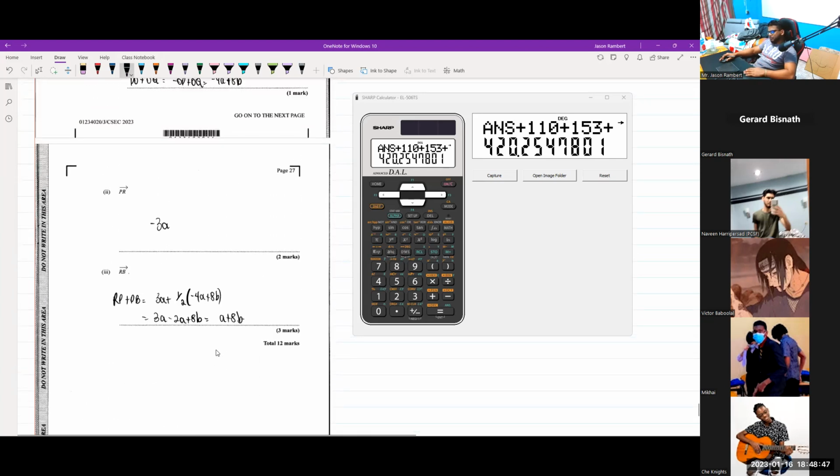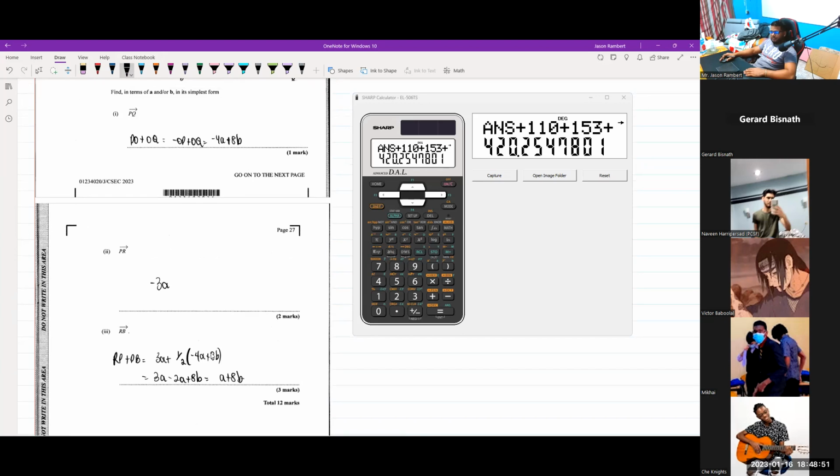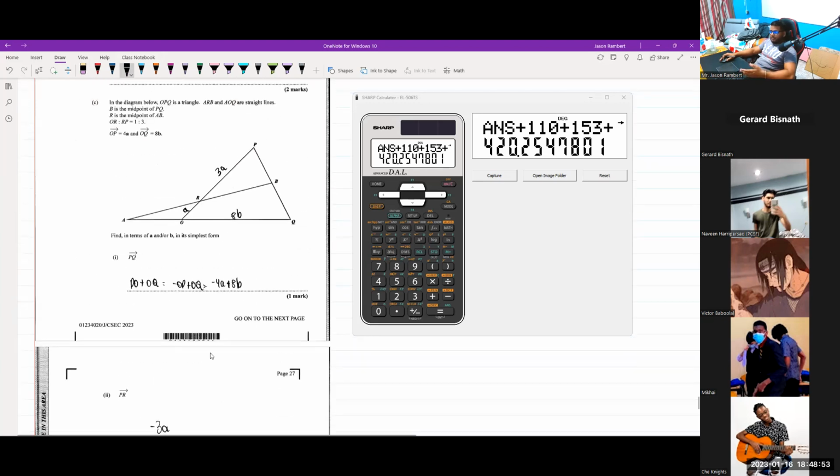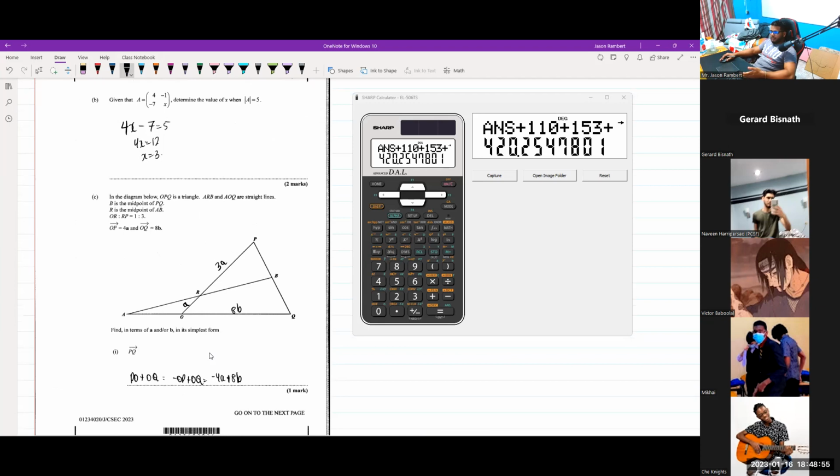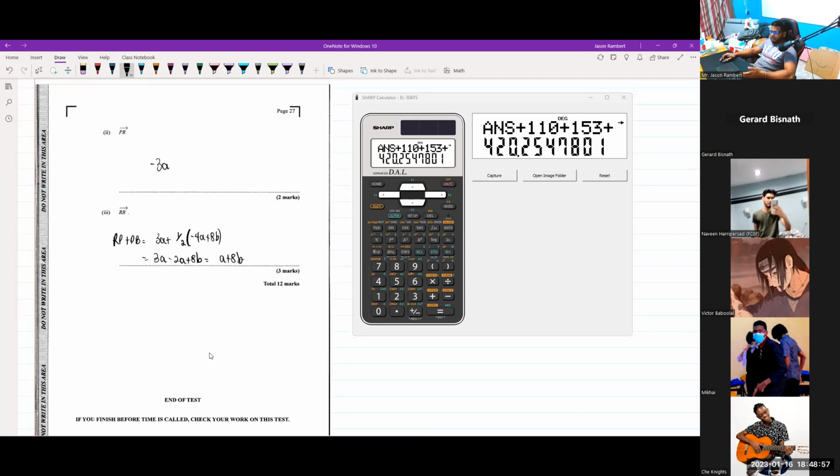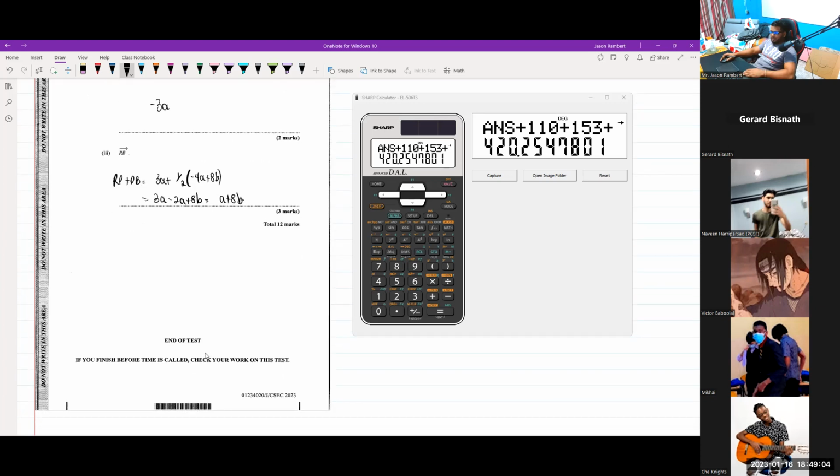Is it? Not even a little collinear thing. So the last one. Oh, right, it's a half of 8B, so it will be plus 4B. Yeah, 4B, my bad.